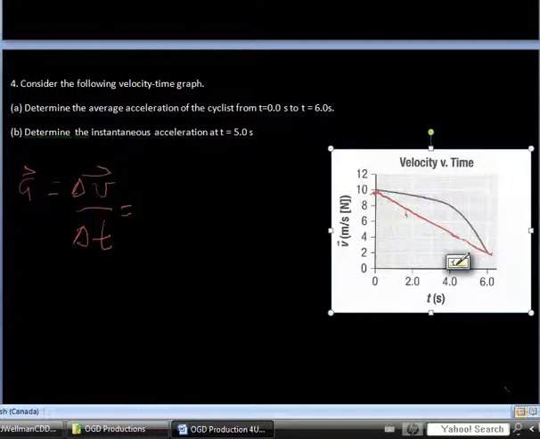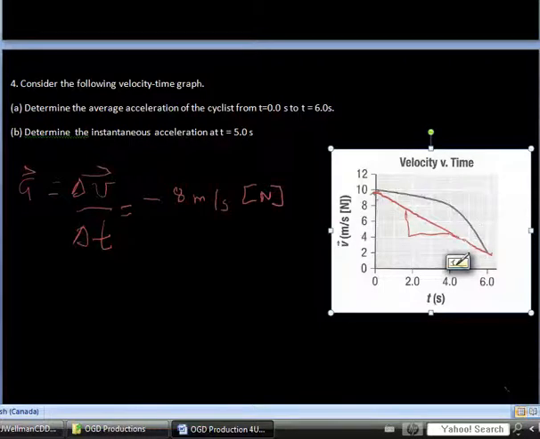So what we have is a change in time on the bottom, a change of velocity on the side. Your total change in velocity is from 10 to 2. So that is negative 8 meters per second north.